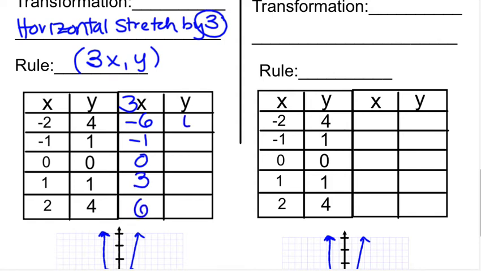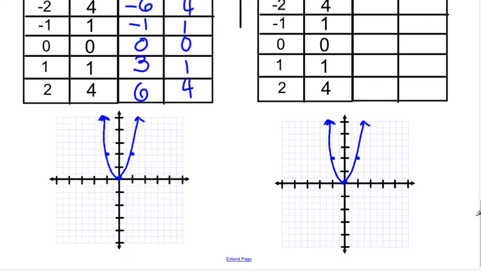The y's stay as they are. We are not affecting the vertical. So graphically, probably should choose a different color here. Let's just do purple. -6 up 4, +6 up 4, 0, 0. So that's what it's going to look like.